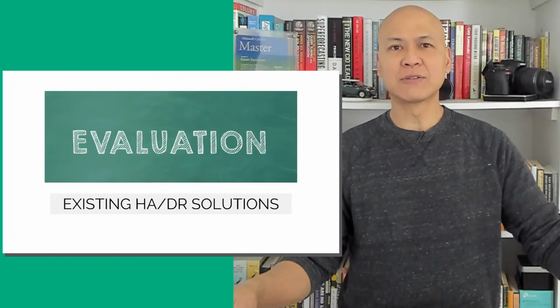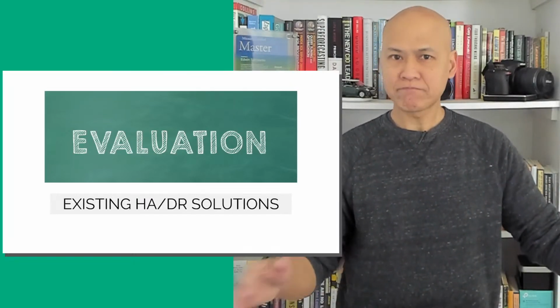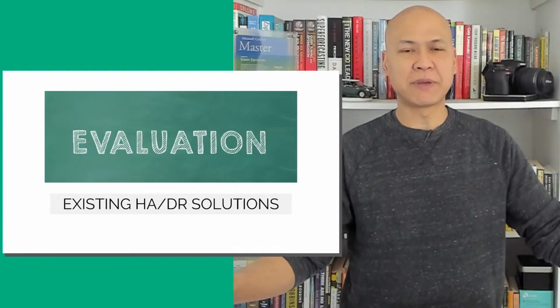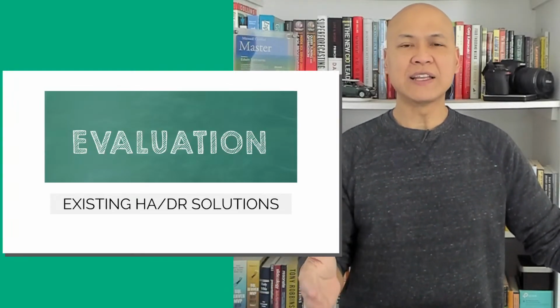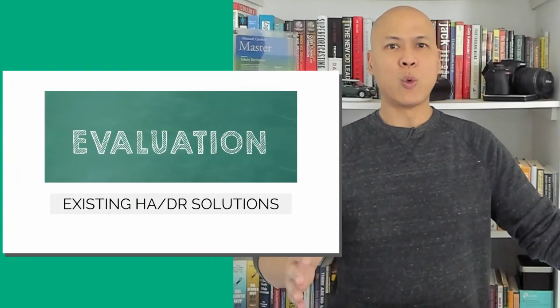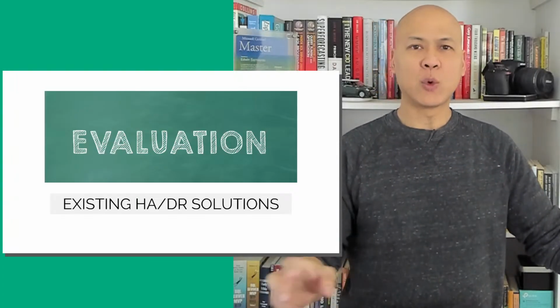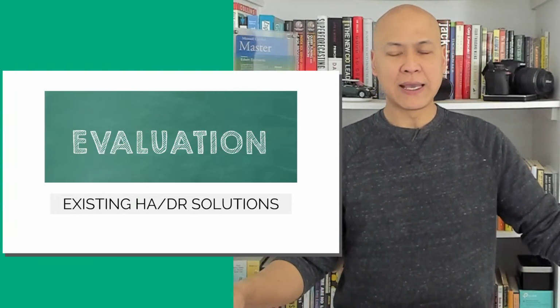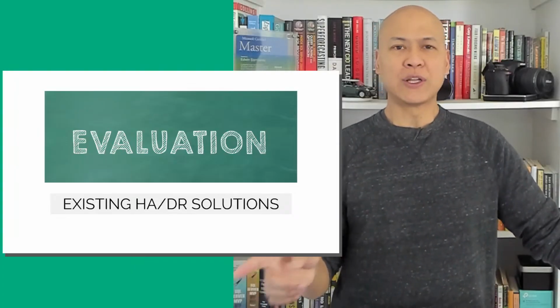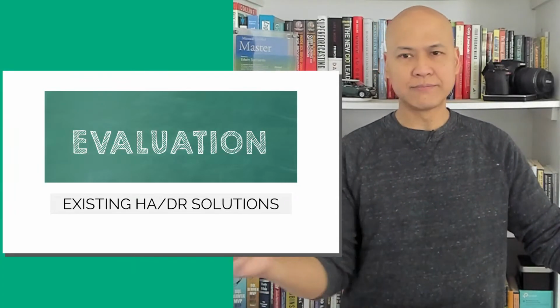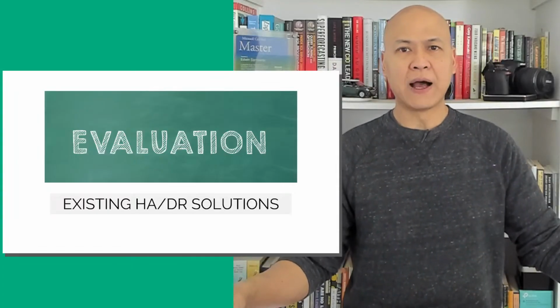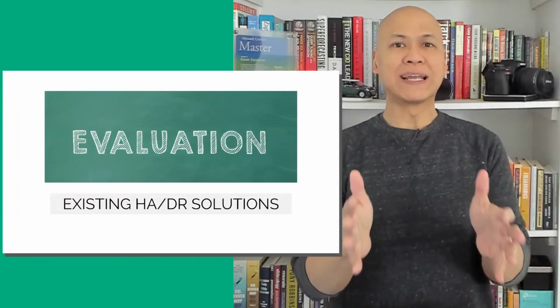I've gotten some questions on LinkedIn and Instant Messenger as well, asking, so what are the different things that I need to look at when evaluating my existing high availability and/or disaster recovery solutions. Although in the previous episode, I kind of gave you an idea, provided some examples, we're going to dive deeper into this.